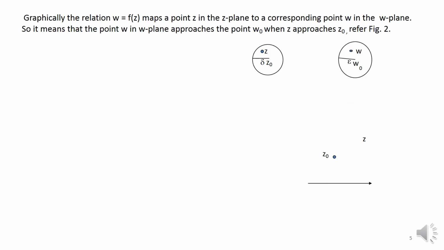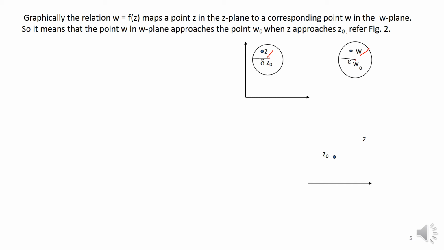Graphically, the relation w = f(z), f is a function of z, maps a point z in the z plane, so this is our z plane here, to a corresponding point w in the w plane. So we can have this z point in the z plane, and this is the corresponding point w in the w plane, and it means that the point w approaches the point w0.